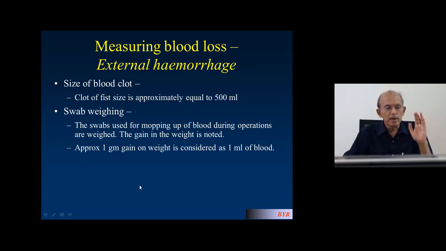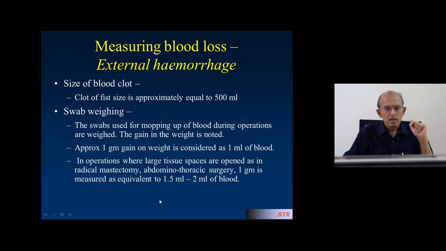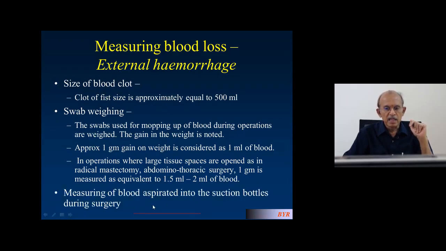That can be achieved by these standard methods: swab weighing, size of the blood clot estimation, then suction, measuring the blood aspirated in suction bottles during surgery. You can measure how much blood is collected in the suction apparatus. These are the ways by which you calculate the blood loss during a surgical procedure.